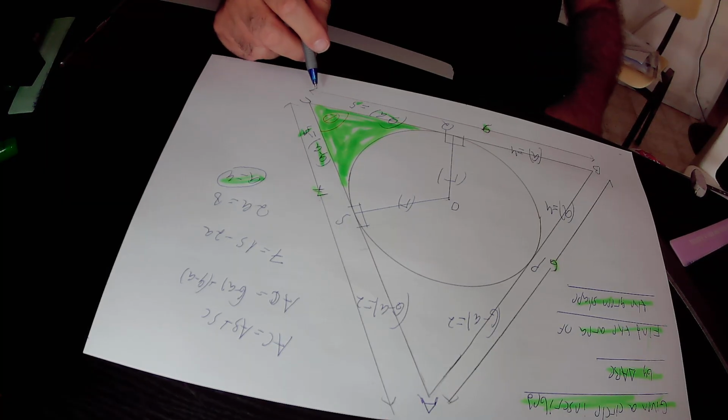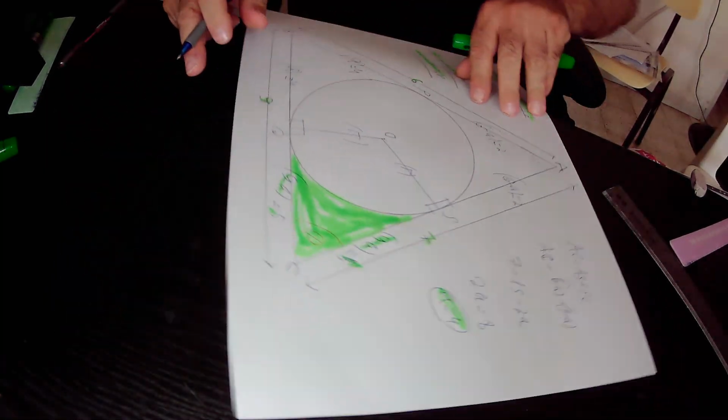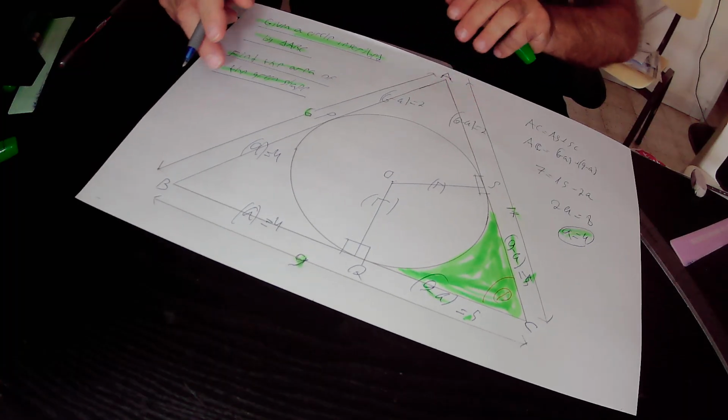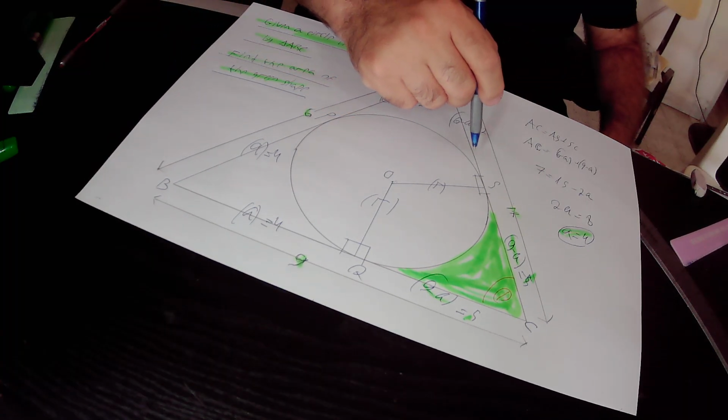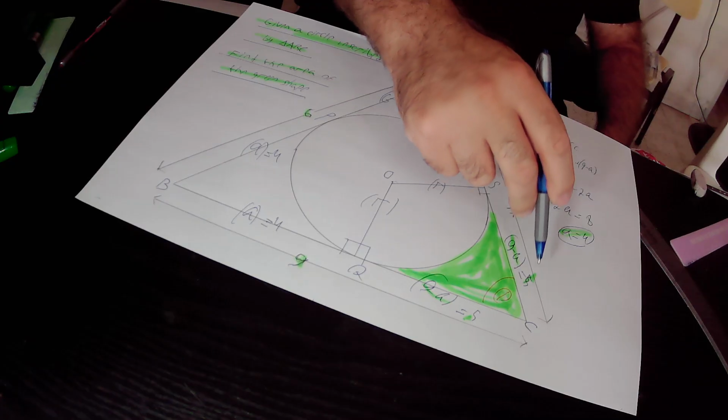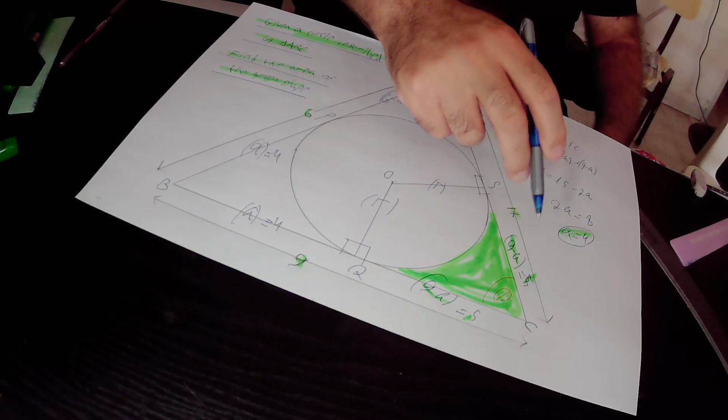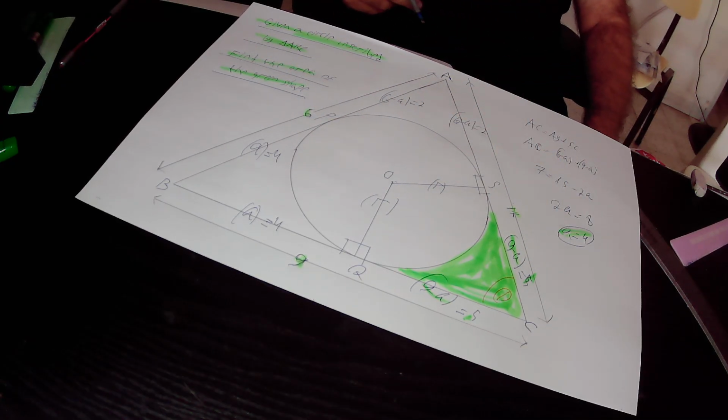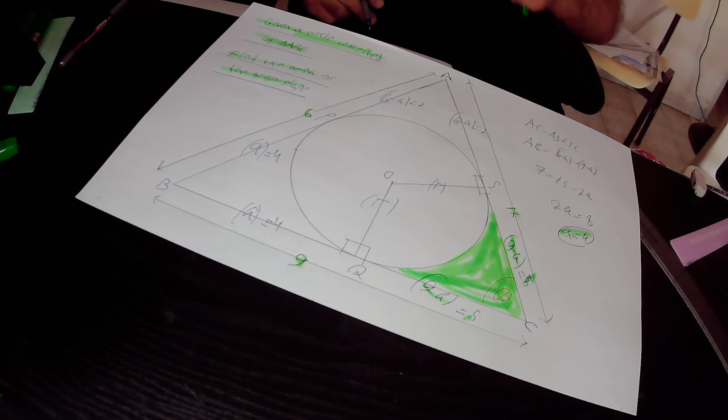So, in the drawing, this is quadrilateral QASC. We know that the sum of the angles in any quadrilateral is equal to 360 degrees.